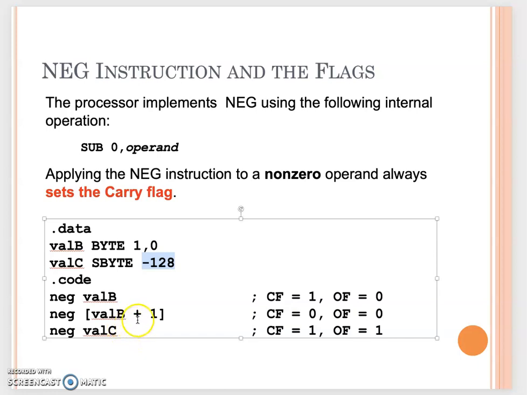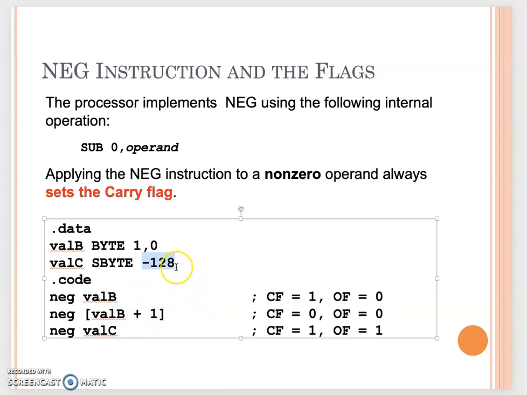So this one is not only the carry flag set, but also the overflow flag set, because negative 128 becomes positive 128, right? But a signed byte is only between 127 and negative 128.